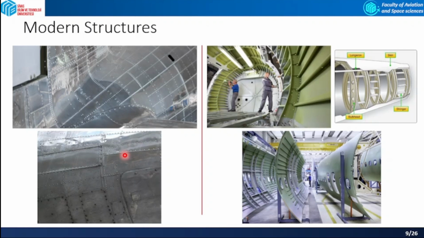And the modern aircraft fuselage shown in the right pictures displays a much more refined construction, and you can see the skin, the circular beam element, which is called the frame, and also these black or blue, or here these green longitudinal profiles, which are known as stringers, and so on.